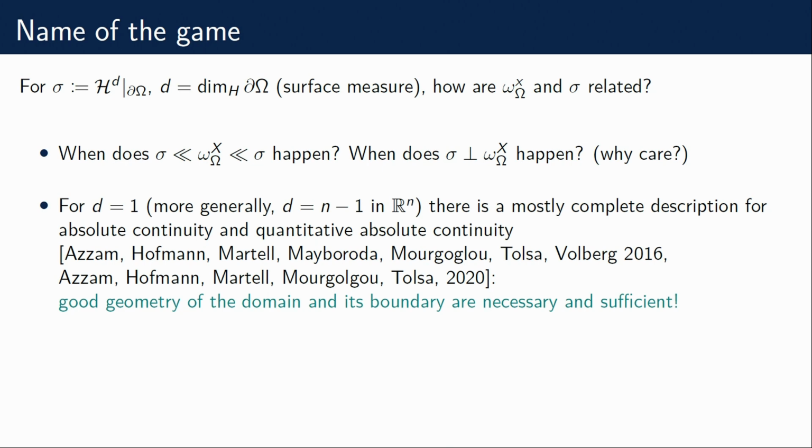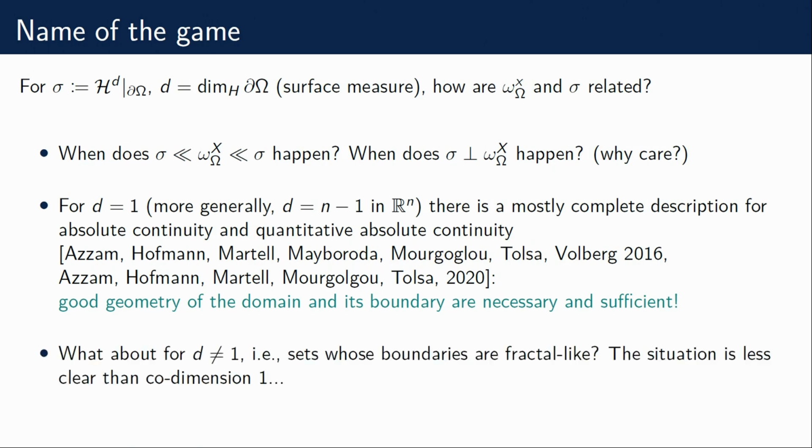And the punchline is that good geometry of a domain and its boundary are necessary and sufficient in order to get absolute continuity. On the other hand, if d is not equal to 1, so if the boundary is not codimension 1 in the plane, the situation is much less clear than the codimension 1 case. And this is what I'll talk about.